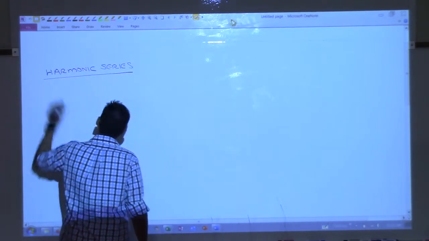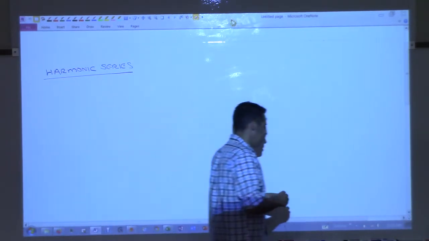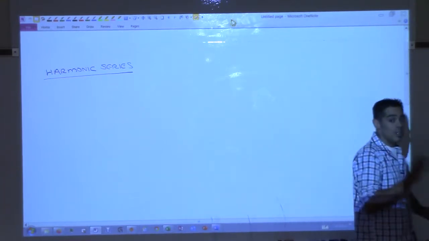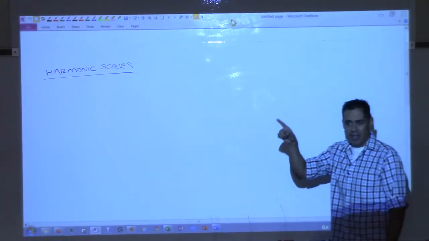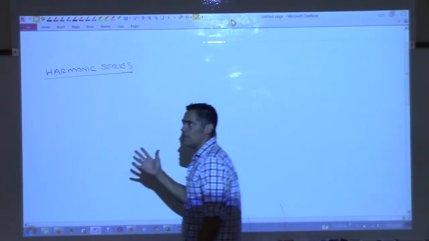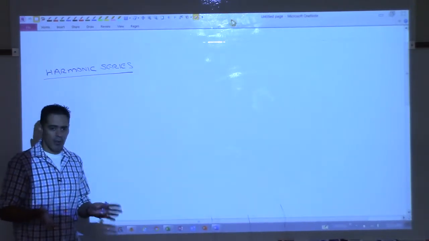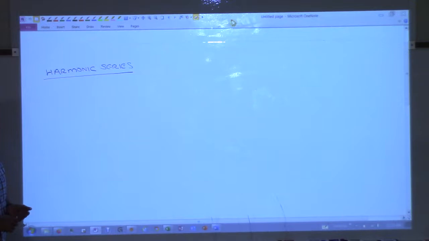So a geometric series, as we've seen, has to look a certain way: A times r to the n. And anytime we see that, we're going to check the r to see if it converges or diverges. Harmonic series all have a certain look to them also.